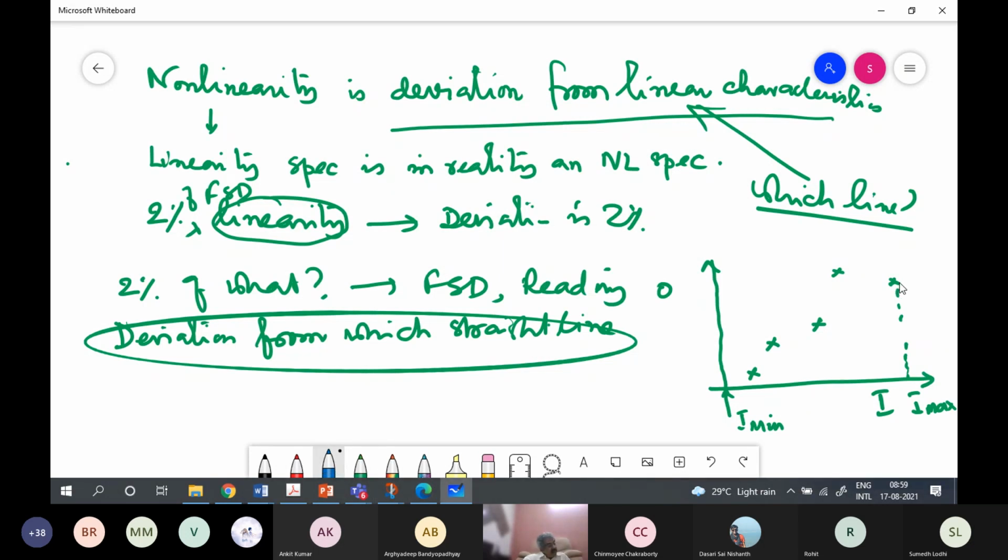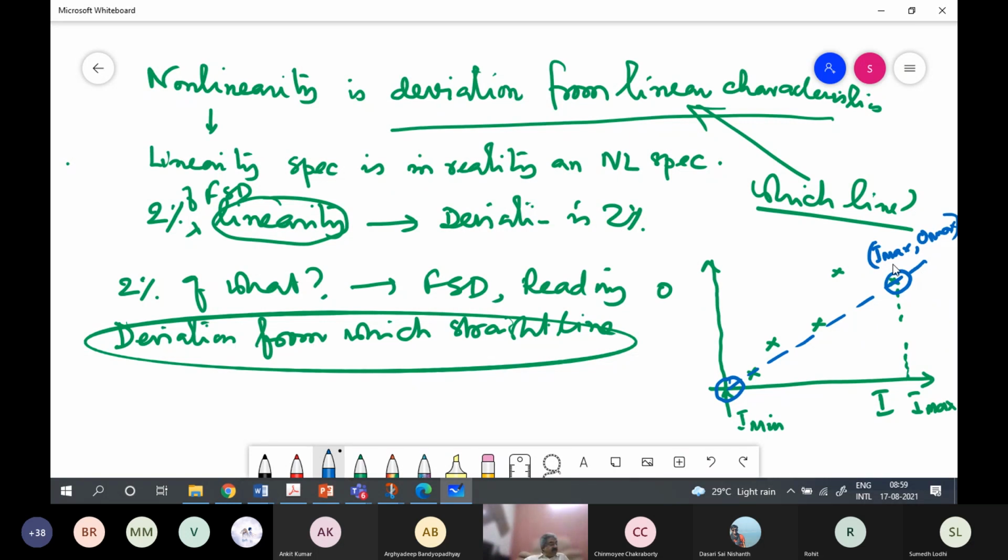I can choose a straight line which connects the maximum reading with 0. This is one straight line. How is it defined? It connects the 0 point to the Imax, Omax point, just connected by a straight line.